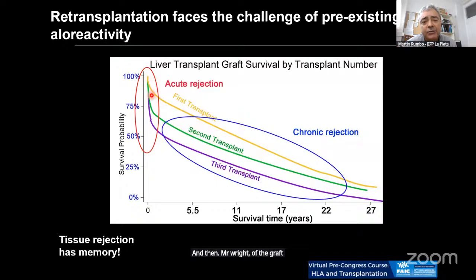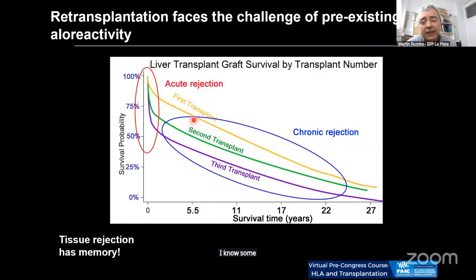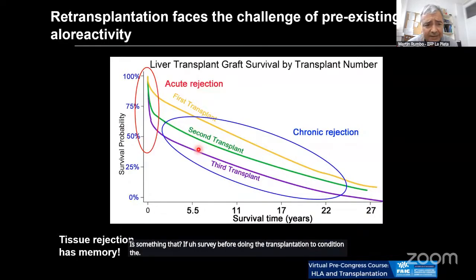Normally there is much higher acute rejection and also higher chronic rejection in the case of a pre-existing alloreactive response. So this is something that should be considered, and is also something that is surveyed before doing the transplantation to condition the patients.